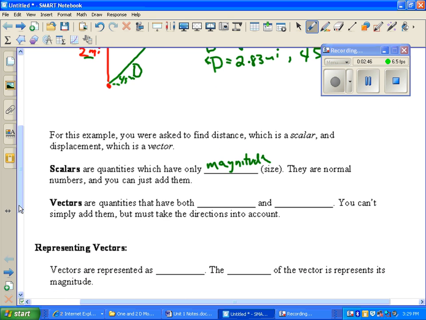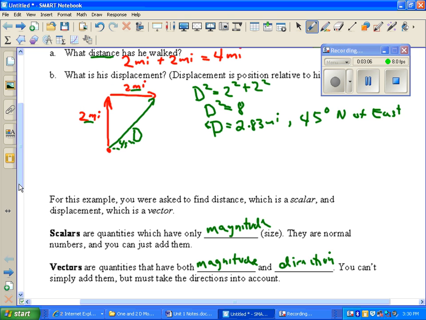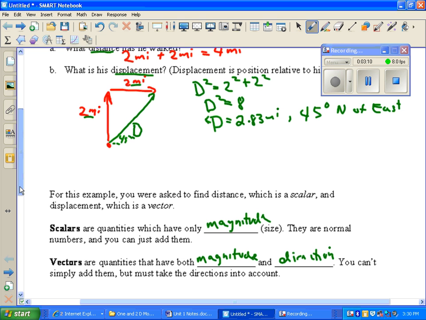They're normal numbers. But vectors are quantities that have both magnitude, so they have a size as well, and they have a direction. So displacement, this one here where we had to worry about direction, is a vector, whereas distance is a scalar.